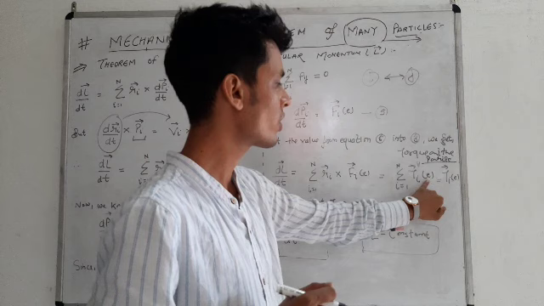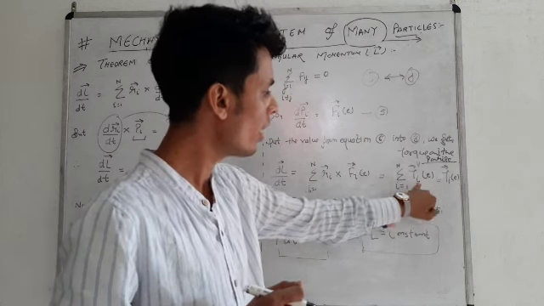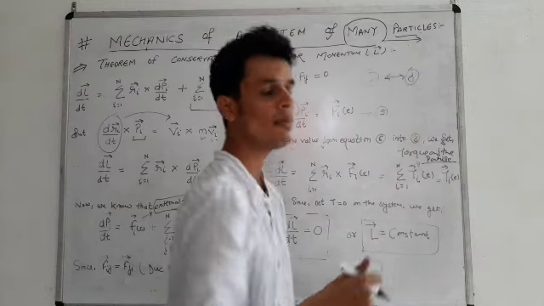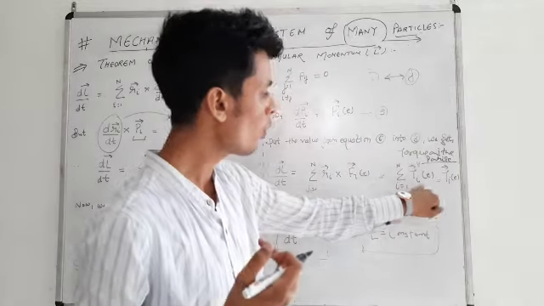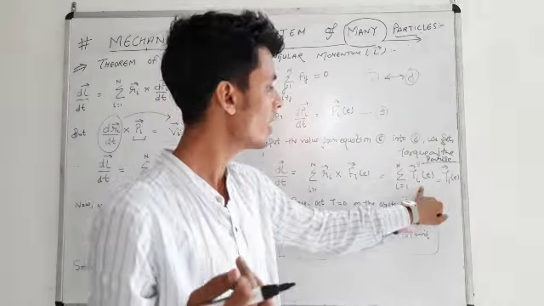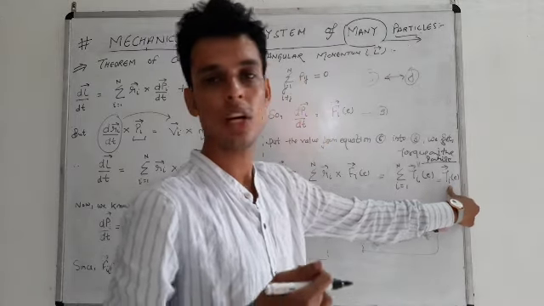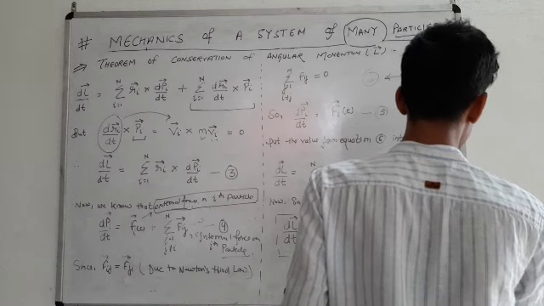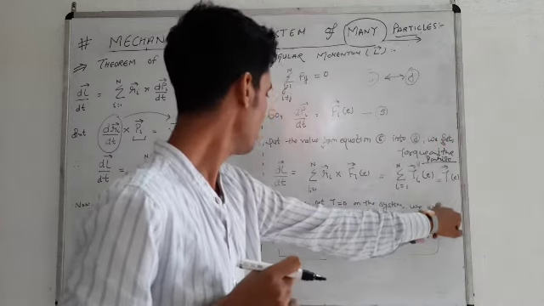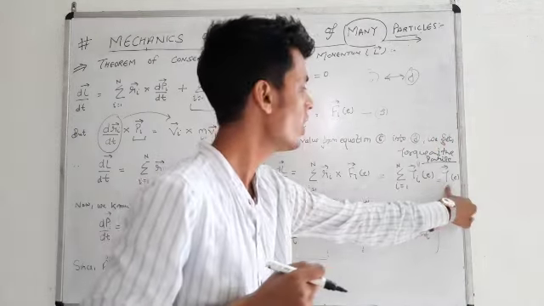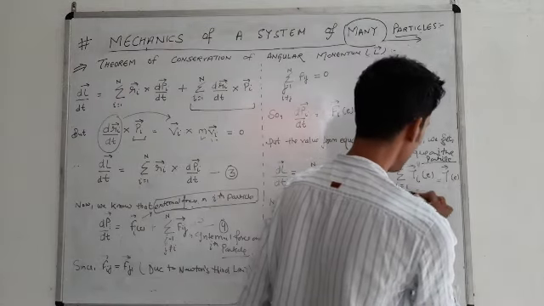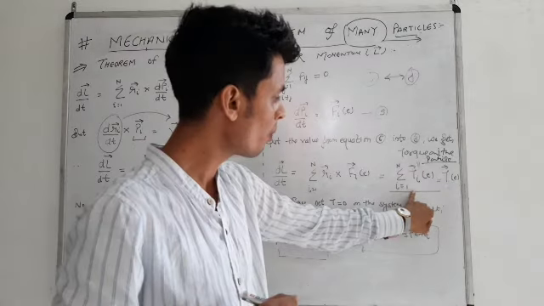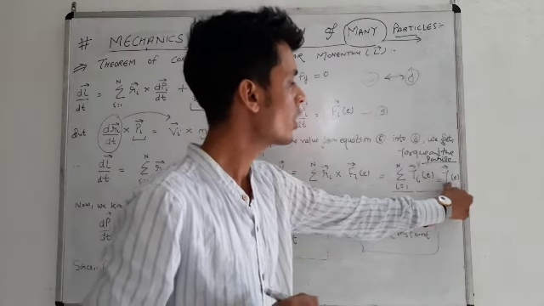That means we sum the external torque on each individual particle, and that will be equal to the total external torque on the system. So when we add the individual torques on each particle, we end up with the total external torque on the whole system.